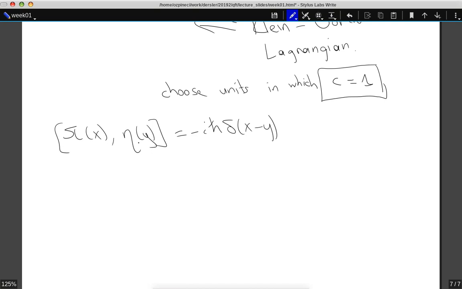Now, this condition already quantizes the system. Remember how we quantized from the classical Hamiltonian. We started with the classical Hamiltonian and then just imposed the condition that P and Q are no longer numbers, but operators that satisfy this commutation relation. That was how we quantized a given Hamiltonian.